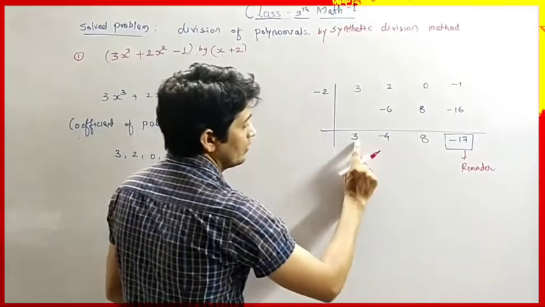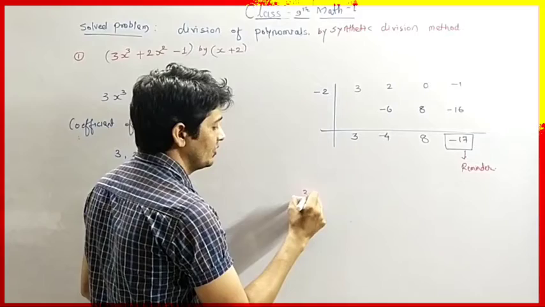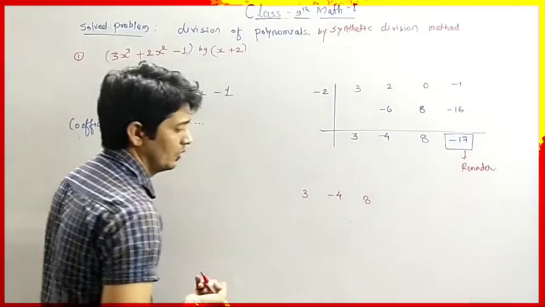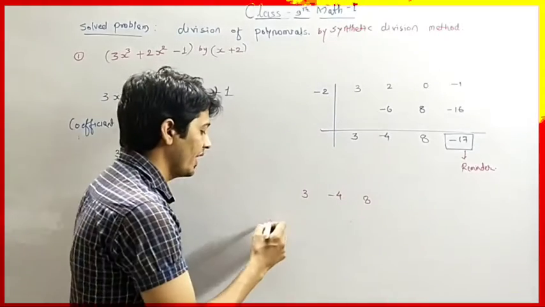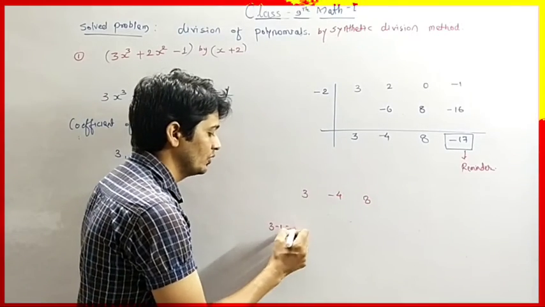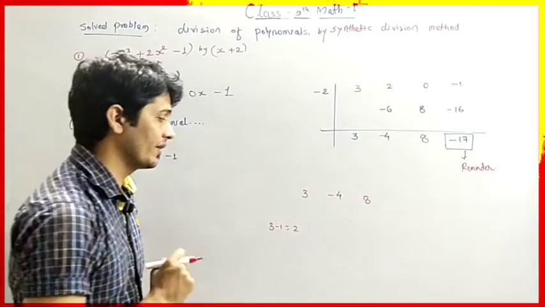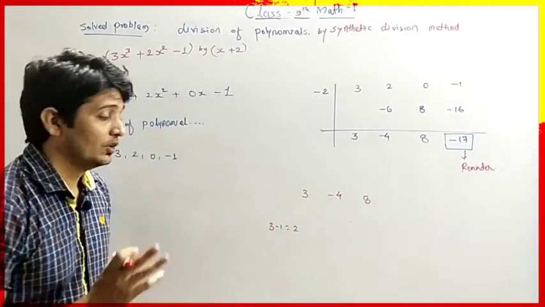Now we have 3 numbers here, so we write 3, minus 4 and 8. If we have 3 numbers, then take x to the power 3 minus 1, which is 2, that is x square. So now we are going to design our quotient.